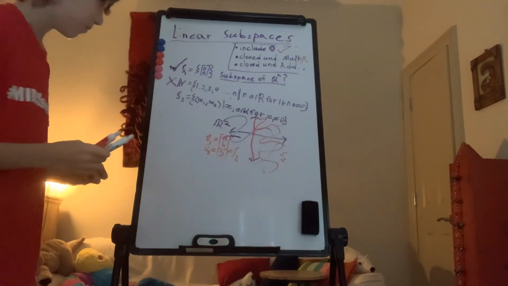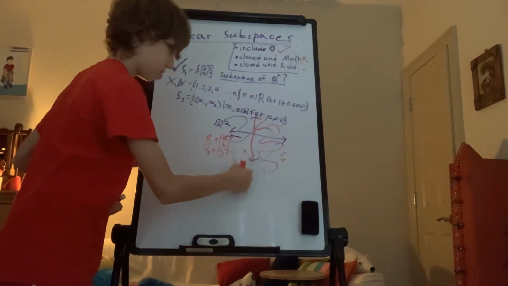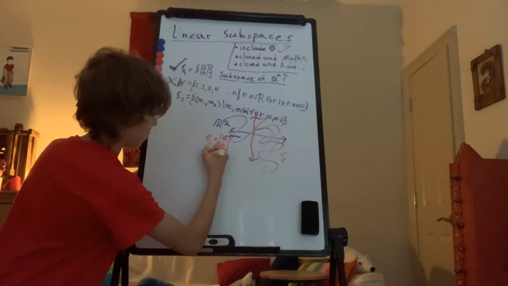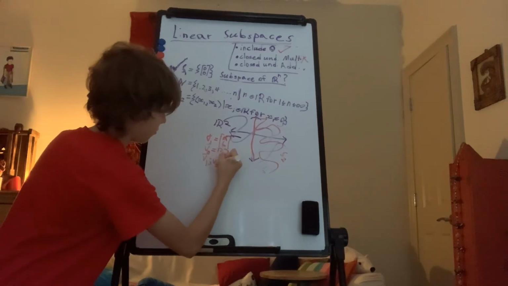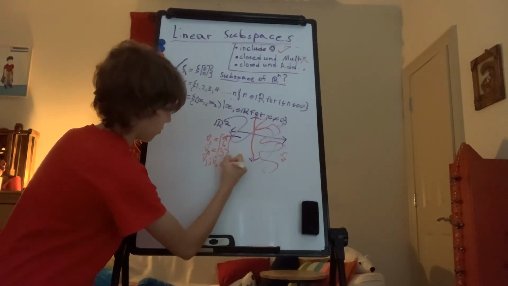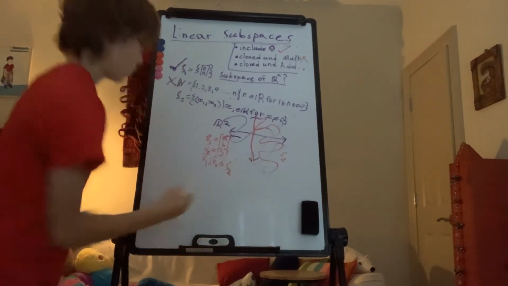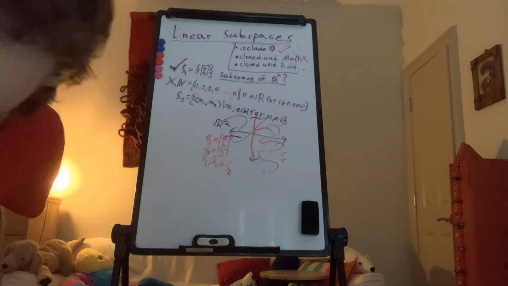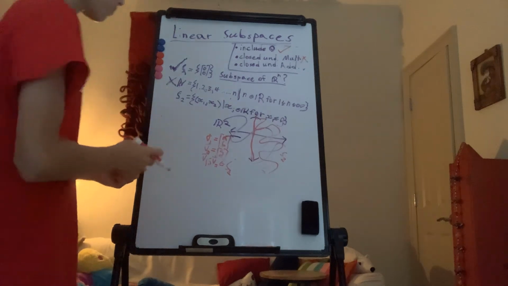All right, so we can write it as v1, v2 are a member of our set S2. Okay, I'm just going to double check to see if you can see everything. All right.